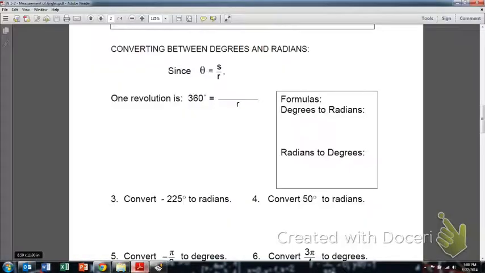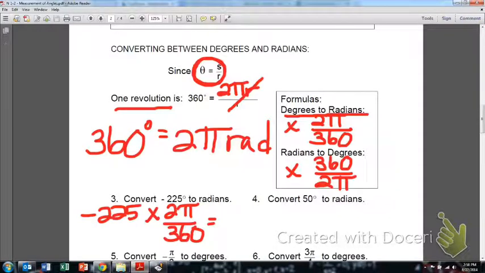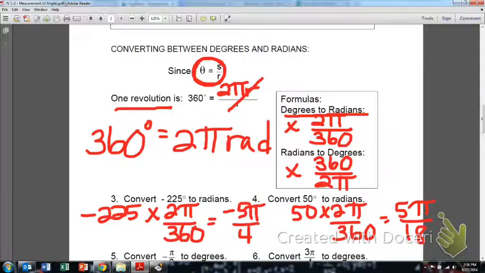So now when I go back over here, this would be negative 5 pi over 4. All right. So now you try doing 50. Okay, so when you converted 50, you should have gotten 5 pi over 18.